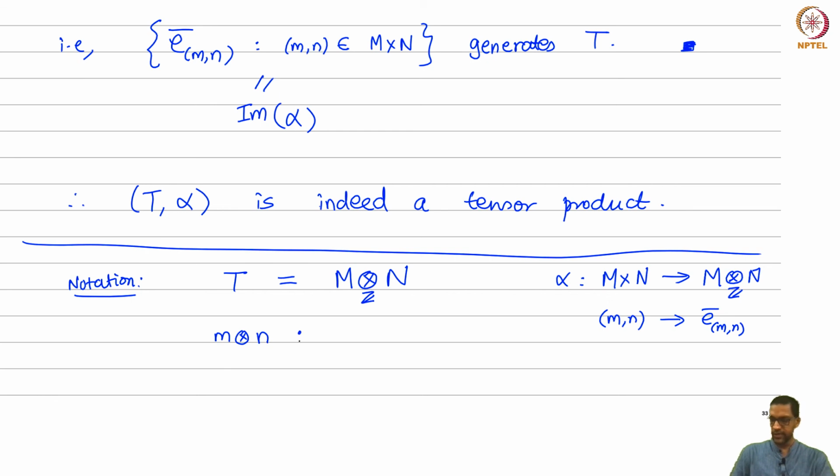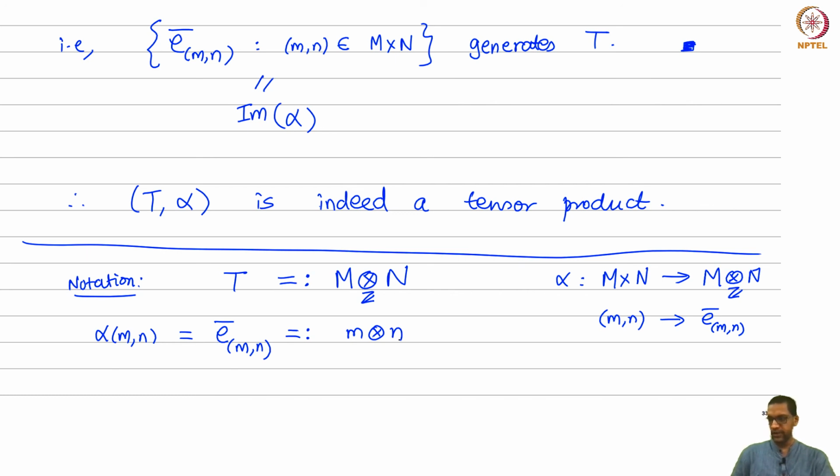So this is again notation: T is called M tensor N, and this E_mn bar, so this alpha of (m, n), is also denoted by little m tensor little n. That symbol will just denote the element alpha of (m, n).